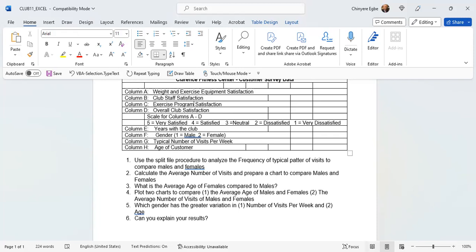The other thing that we ask for here is the average number of visits between males and females. So we're going to calculate those two and say which gender has the greater variation in number of visits and in age.